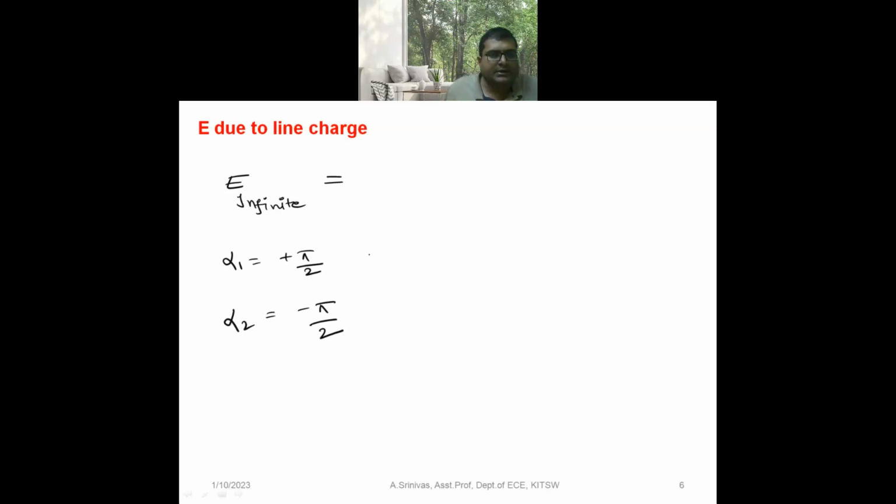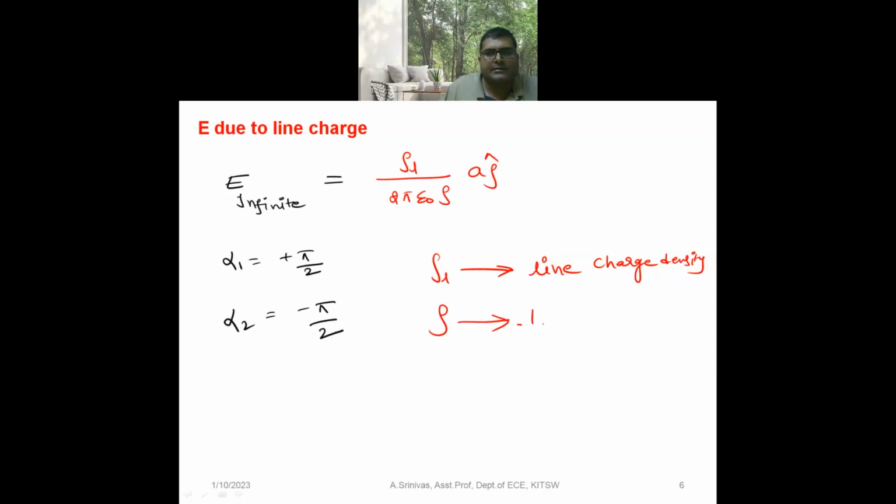Substitute in the previous equation, we get the value of electric field due to infinite line charge as rho L by 2 pi epsilon naught rho a_rho cap, where rho L is the line charge density, rho is the perpendicular distance from the required point to the z-axis.